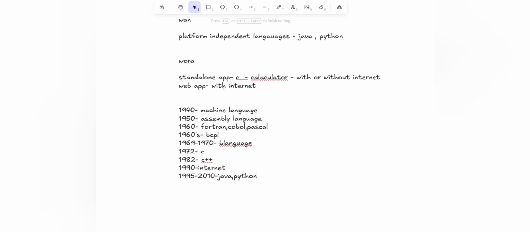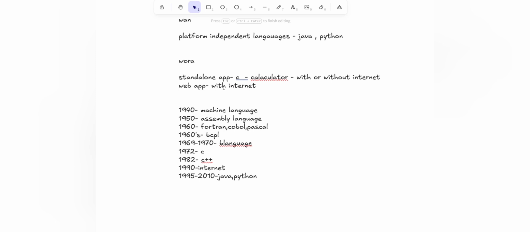When the internet was introduced in 1990, Java and Python became popular because they were platform independent languages. So basically, programming languages evolved to solve problems, guys. Machine language solved communication. Assembly simplified coding. High level languages improved productivity.